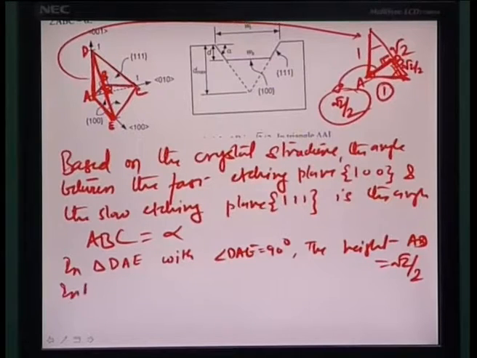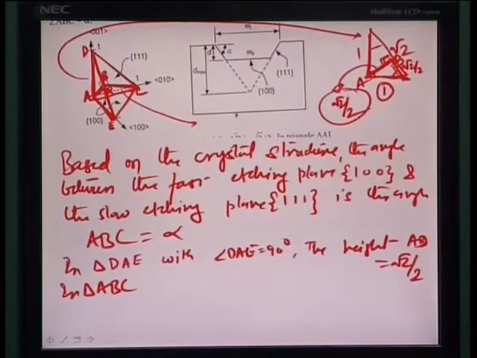Similarly, in triangle ABC, this is followed by this, which is the 0 1 0 direction basically. So, you have another interesting case here. Let us say you take this triangle off here and draw it.